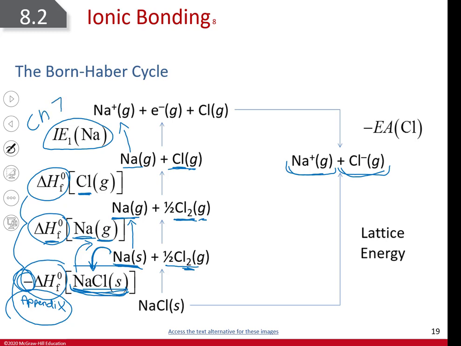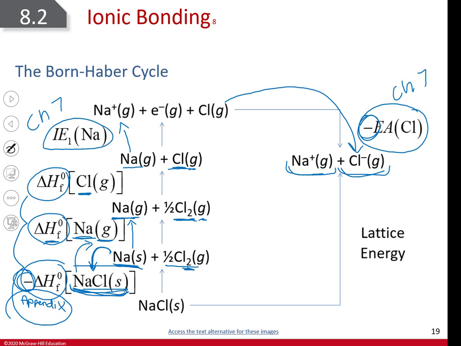Now to make chlorine into the negative ion, that's electron affinity. Again, that's chapter 7. The reason why we have a negative in front is because electron affinity is energy being released. So we need to make it negative to show that this is exothermic, it's releasing that energy. So there's your 5 steps.